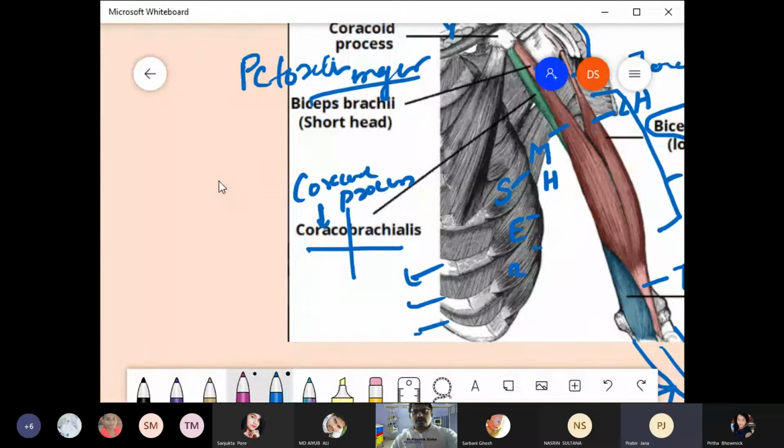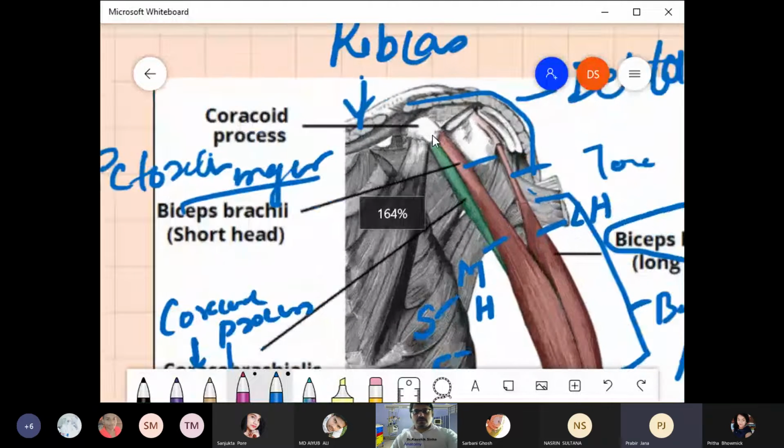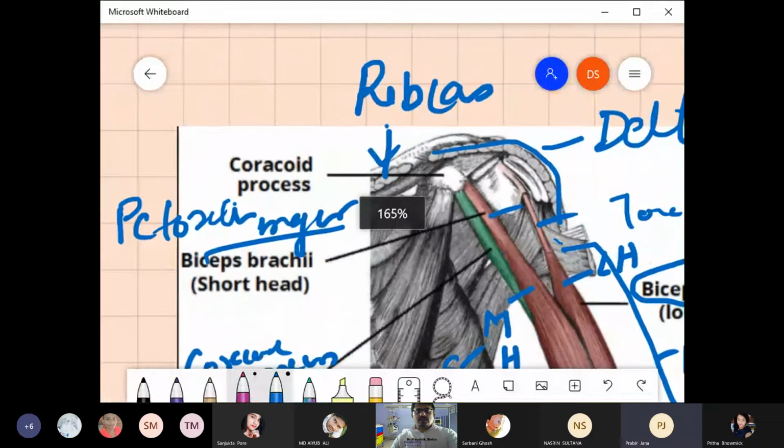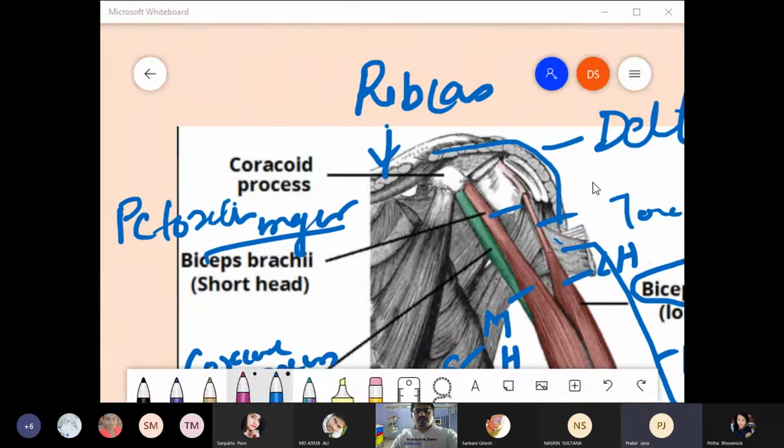So from there it takes the origin. It is from this coracoid process that the origin of this green colored Coracobrachialis occurs, and it is finally inserted. This muscle passes through the axilla and attaches on the medial side of the shaft of the humerus bone.